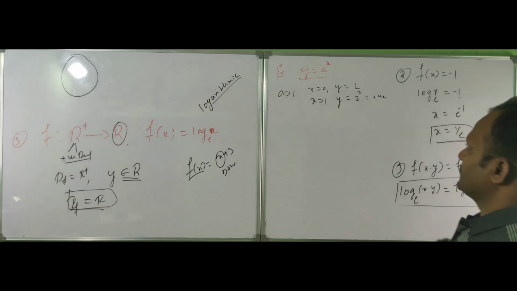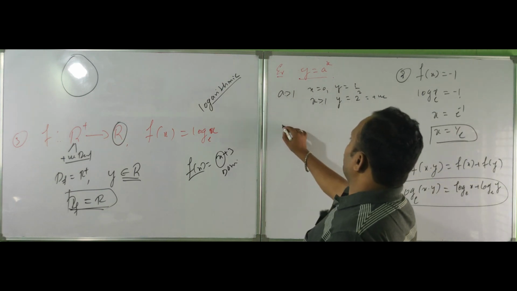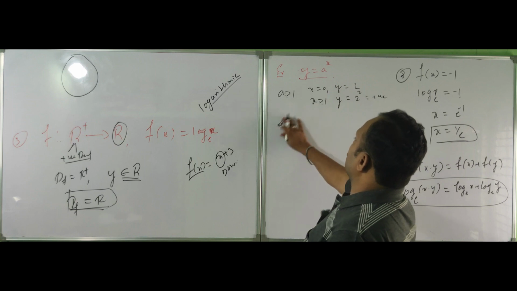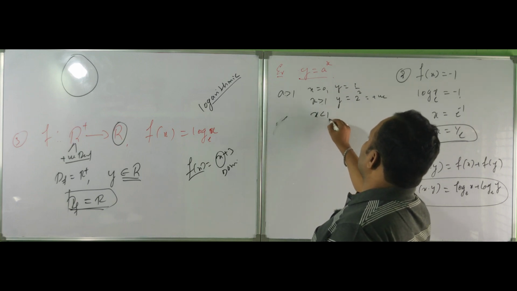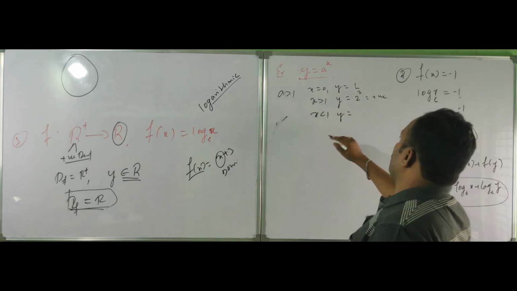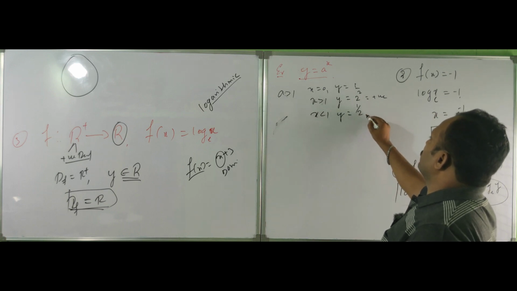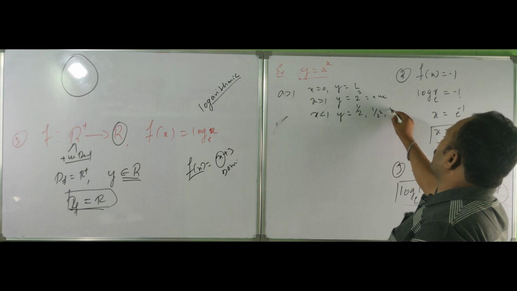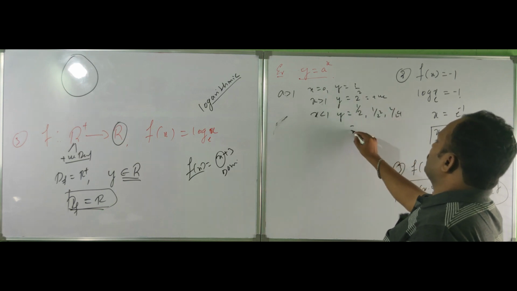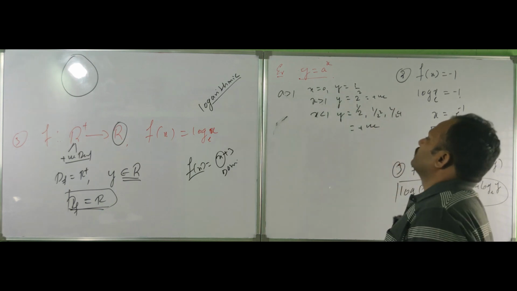Similarly, if x is less than 1, y becomes 1 by 2, 1 by 4, whatever it may be, again a positive range.